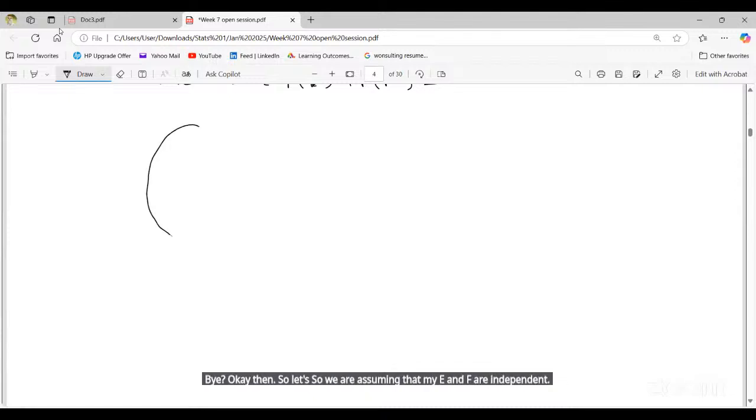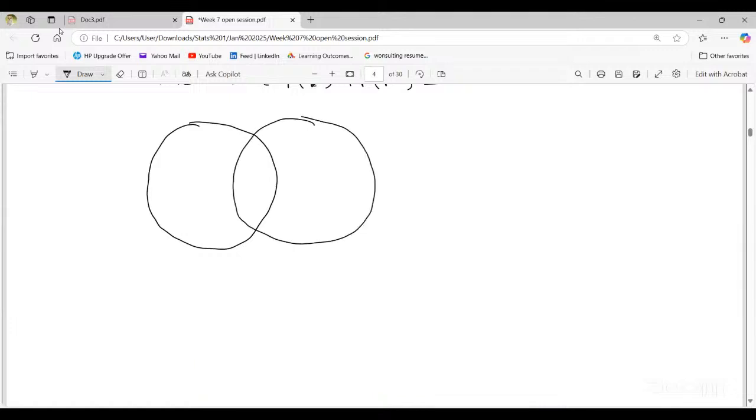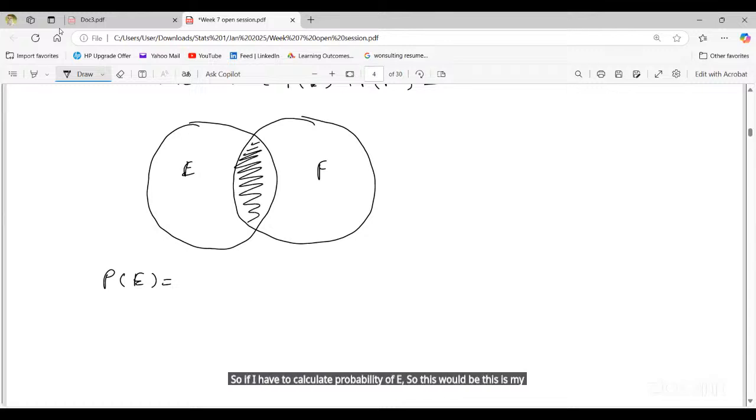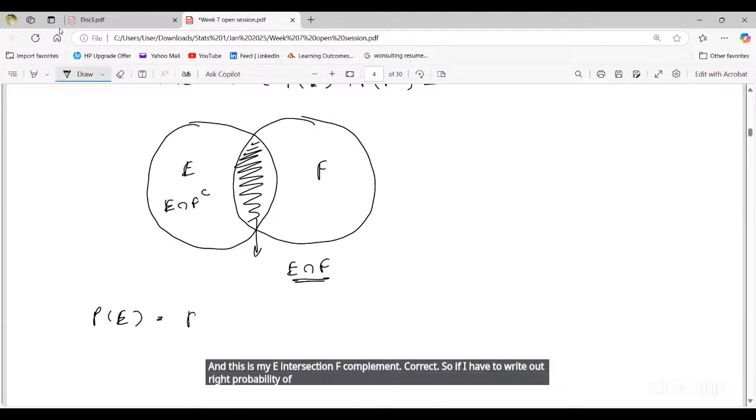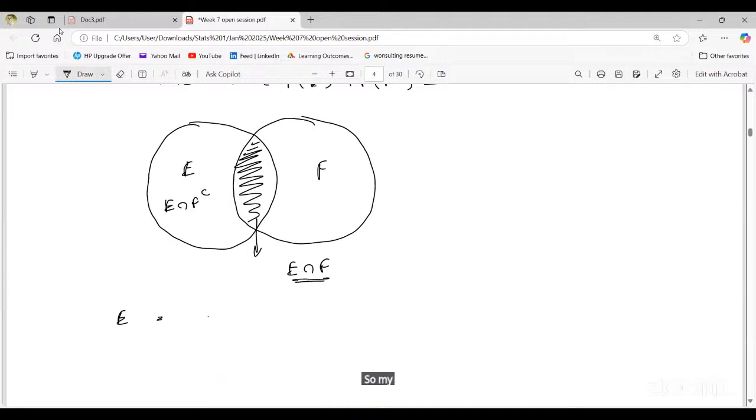If I draw the Venn diagram, this is my E and this is my F. This is my E intersection F, and this is my E intersection F complement.